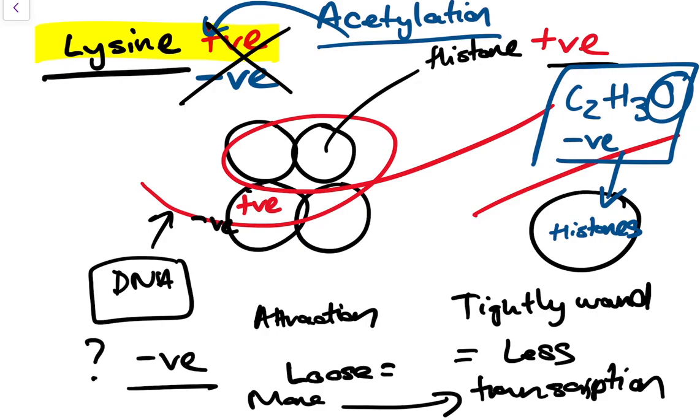If we now get rid of the positive charge, we don't have anything for the negative to attract to. So acetylation gets rid of that attraction, which means the DNA is going to be more loosely associated, which means we would get more transcription.